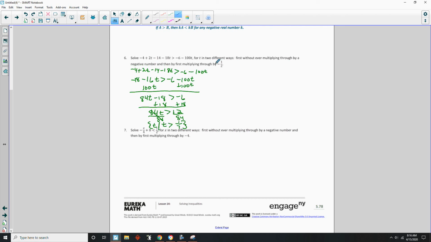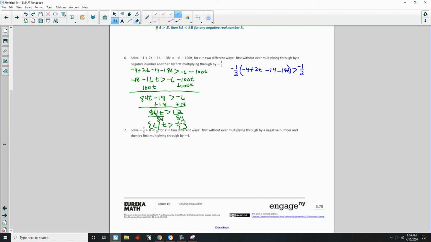But now it says to start by multiplying through by a negative 1/2 on the first step. So that would be negative 1/2 times negative 4 plus 2t minus 14 minus 18t is greater than negative 1/2.